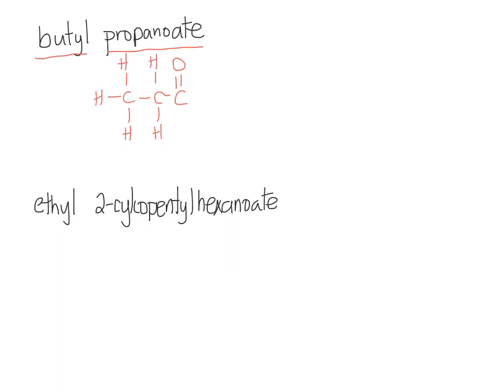The second portion came from the alcohol, and it was butyl, so butanol: 4 carbons in our carbon chain with a single bonded O. So there is butyl propanoate.